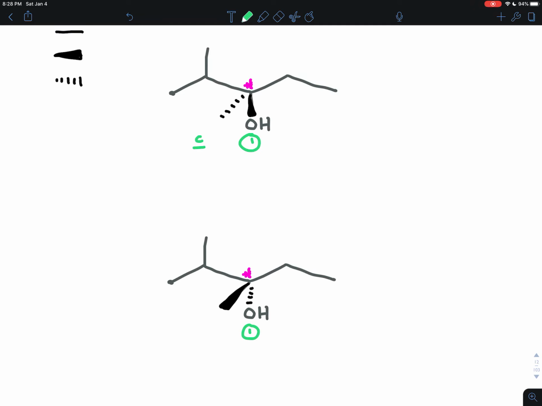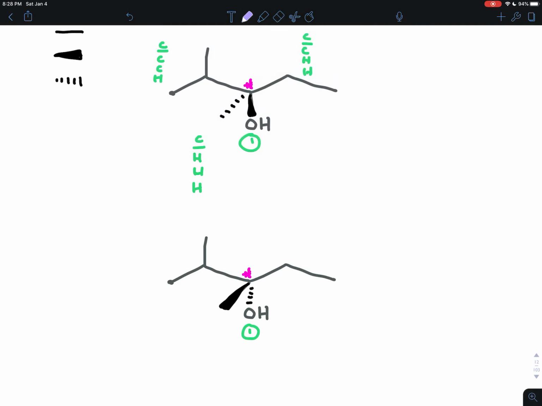We'll make a table for the carbon going down, the carbon going right, and the carbon going left. Going down, that carbon is bonded to 3 hydrogens. To the right, this carbon is bonded to a carbon and 2 hydrogens. To the left, this carbon is bonded to 2 carbons and a hydrogen.